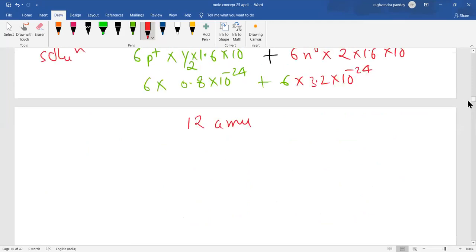So there will be no change. 12 amu for one carbon atom, and for 1 mole that will be 12 gram. When you do your calculation, you will get the same answer. Got it?